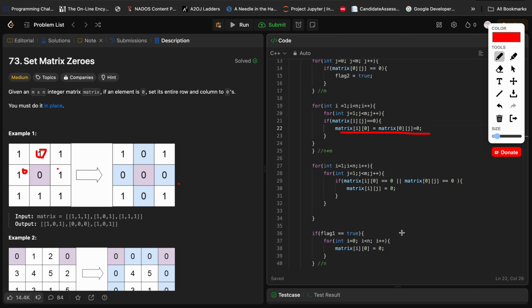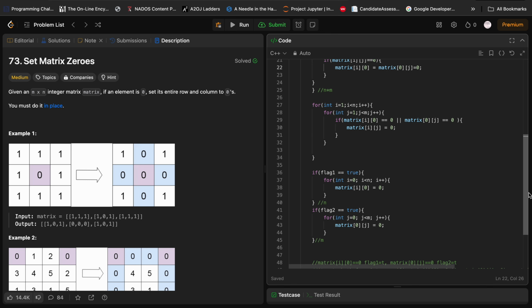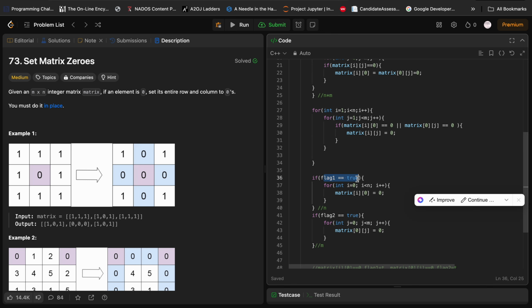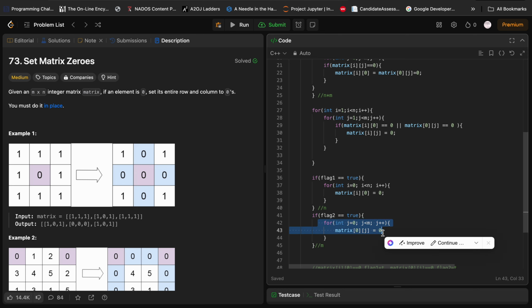Similarly over here, we'll check if flag 1 is set. If matrix of i, 0 is 0, then we'll also mark the flag as true. If flag 2 is true, then we'll iterate and mark the columns as 0.